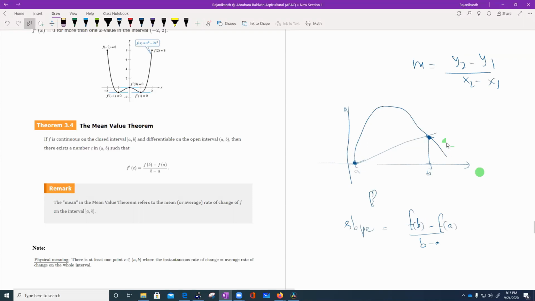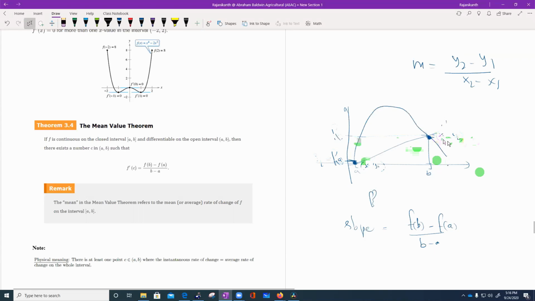So the y1 is now f of A, the function value, right? This point is x2, y2. This point is x1, y1. Okay, my y1 is f of A, my y2 is the function value at B, f of B.